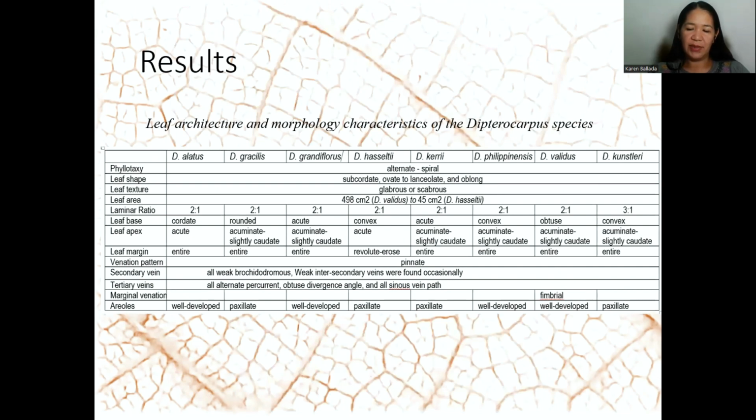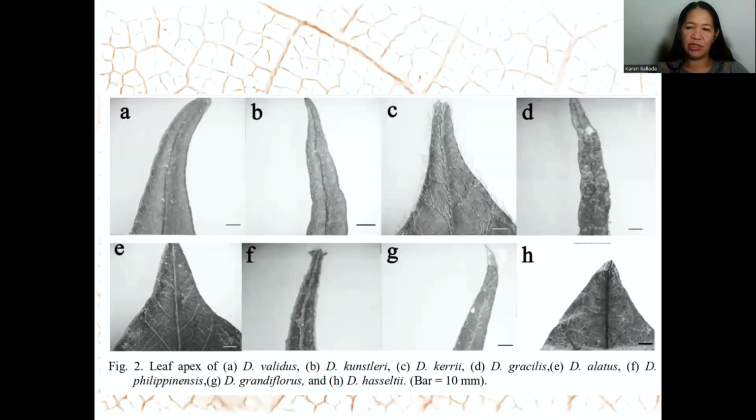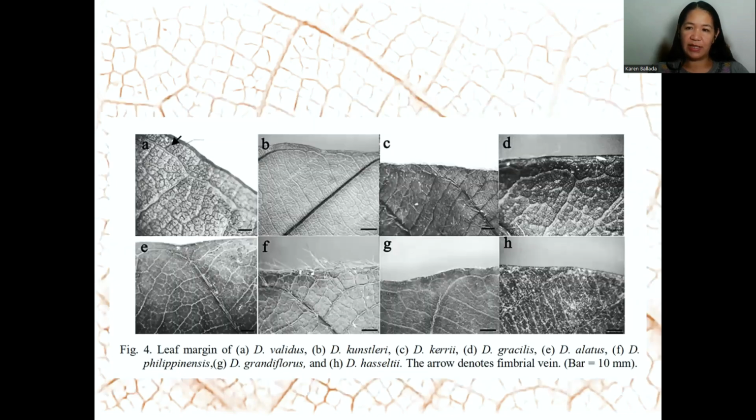They have features that are quite similar, but they can be distinguished in terms of their laminar ratio, leaf base, leaf apex, leaf margin, secondary marginal veins, and of course their areole development. These are some of the pictures showing the leaf apex of the different species that were studied. You also have here the different leaf margins.